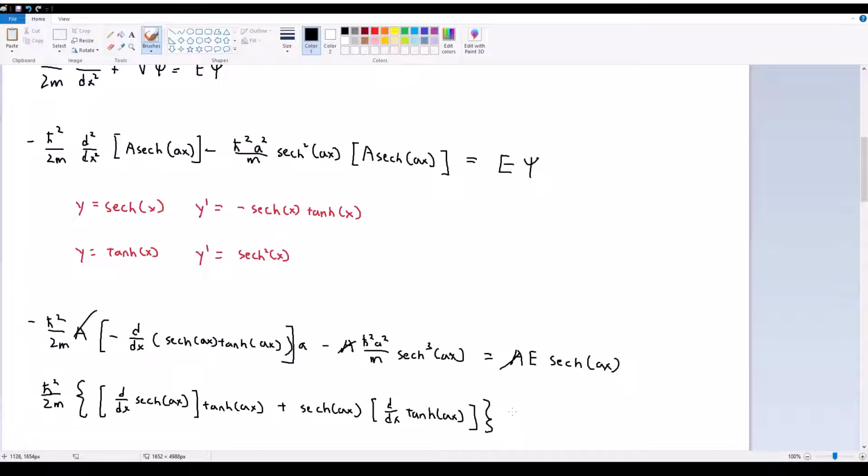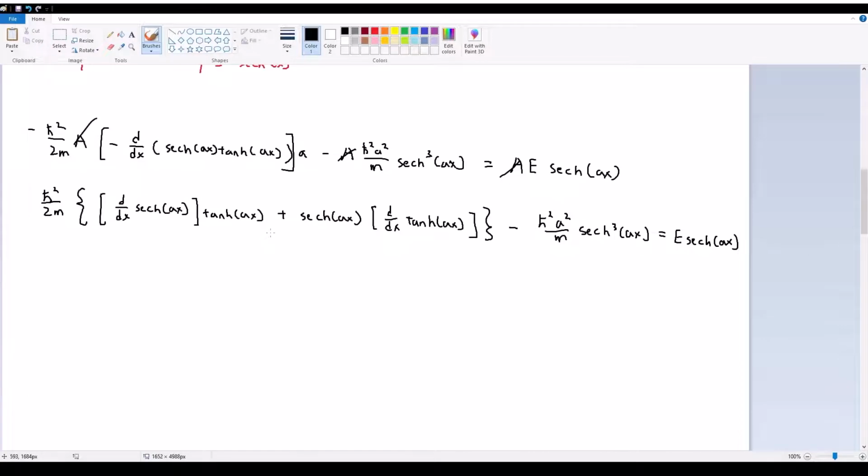And then we're subtracting by h bar squared a squared over m times hyperbolic secant cubed ax. And this is equal to e times hyperbolic secant ax. Now let's do the actual derivatives.